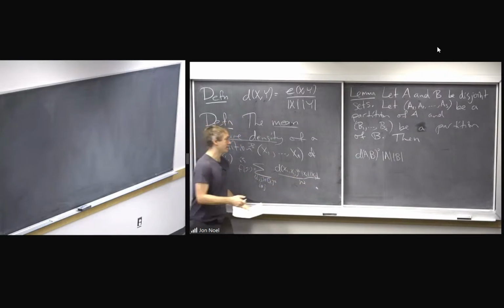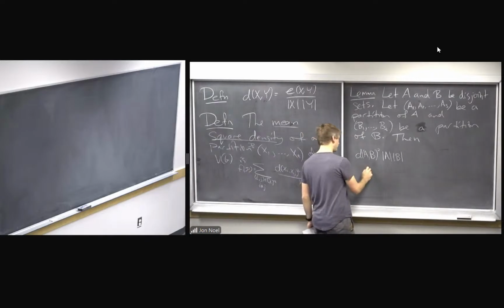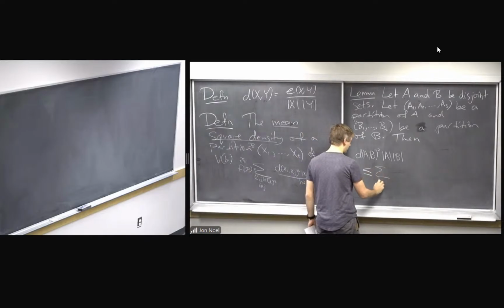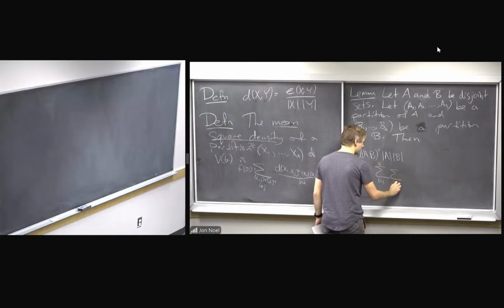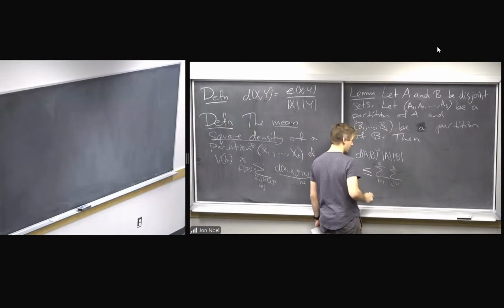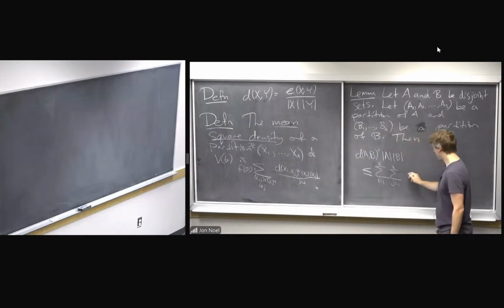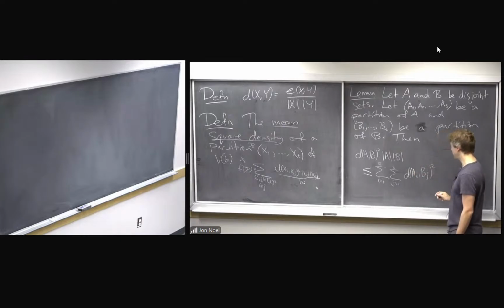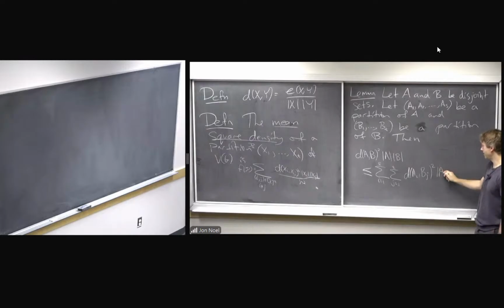is at most the sum from i equals 1 to S, the sum j equals 1 to T, of the density between Ai and Bj squared times the size of Ai and the size of Bj.